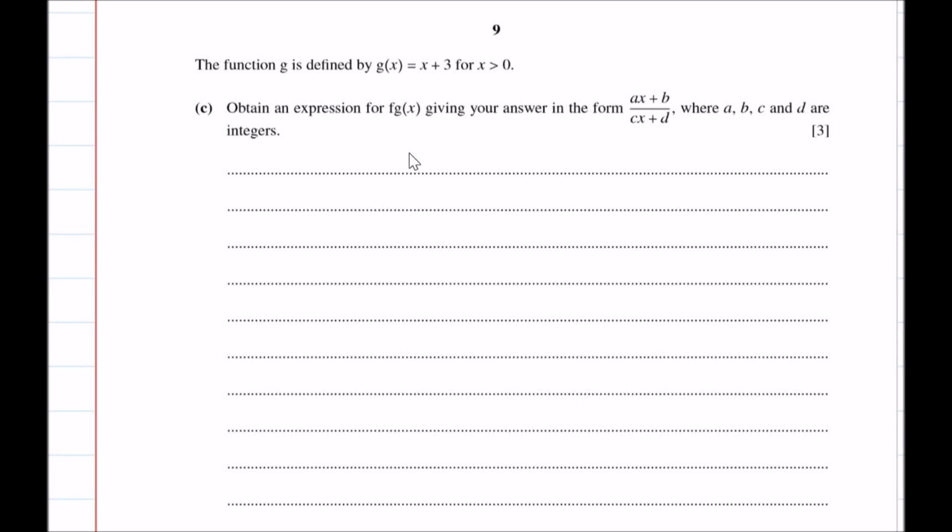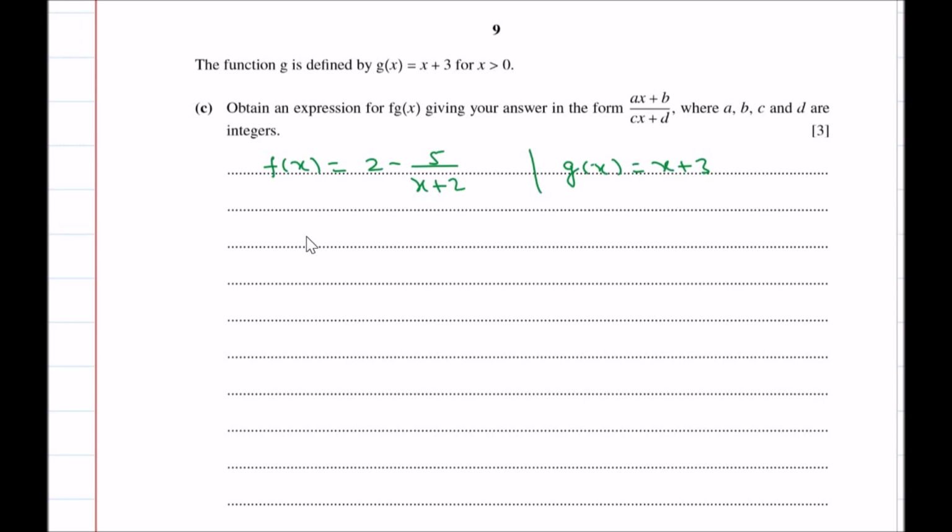So let us do it. Let me write here what is f(x). f(x) equal to 2 minus 5 by x plus 2, and we have g(x) equal to x plus 3.